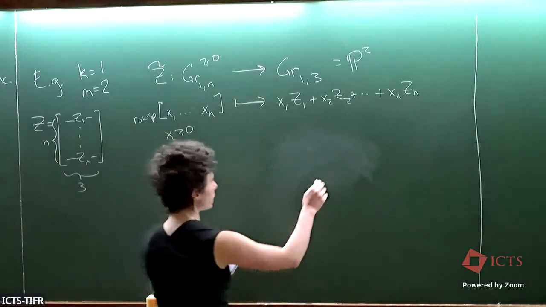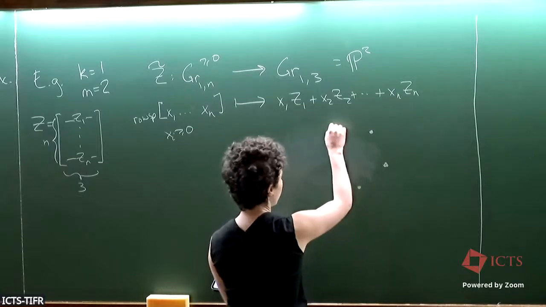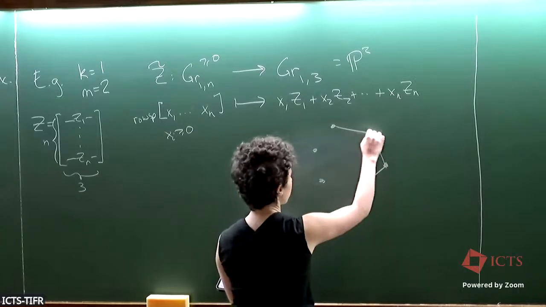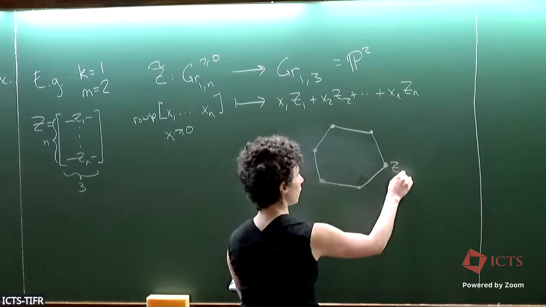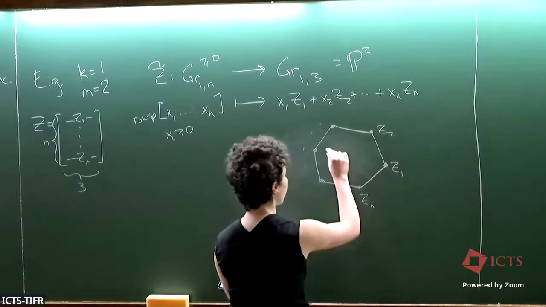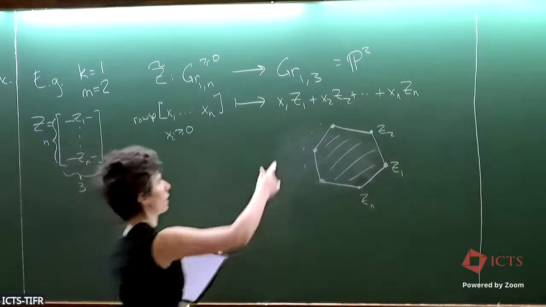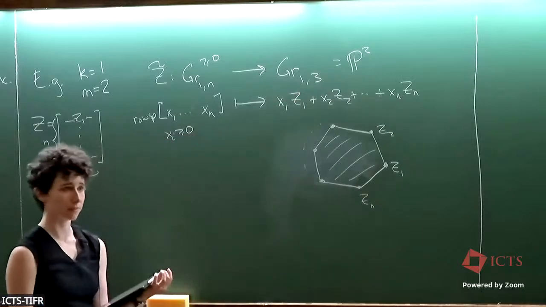The picture in P^2 looks something like this, where my vertices here are given by the rows of Z. And I also get all of the stuff inside of this polygon by varying my x's over all non-negative numbers.